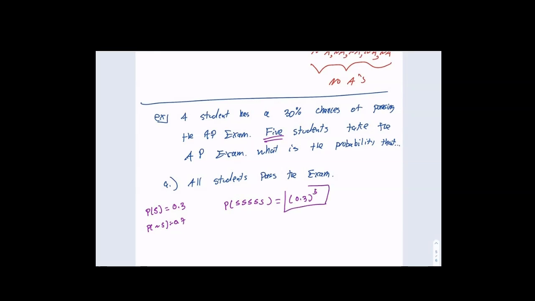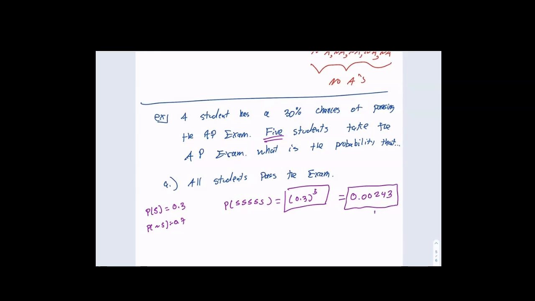Perfect. And it's actually very low. All right, so it's 0.3 to the power of 5, which is 0.00243.